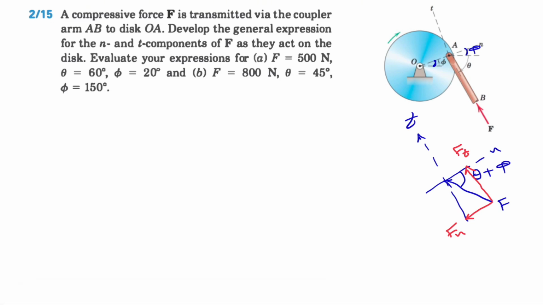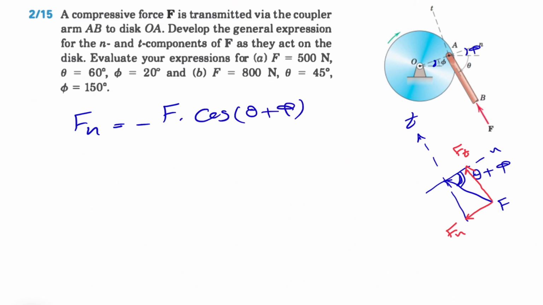So first of all, our Fn will be, as I said, negative since it's in the opposite direction of the n, and we have this angle here which is theta plus phi, and Fn will be F times cosine of that angle, cosine of theta plus phi.